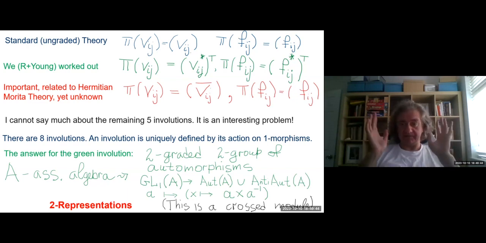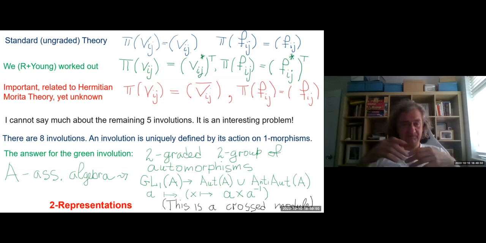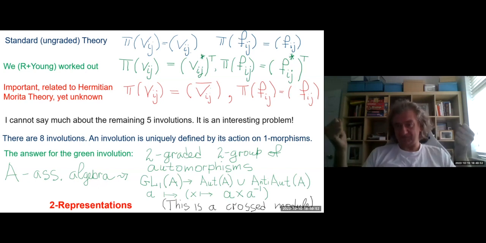A better way is a topological way to think about two groups. A usual group is essentially a one type of a topological space, because up to one type, a space is determined by its fundamental group.